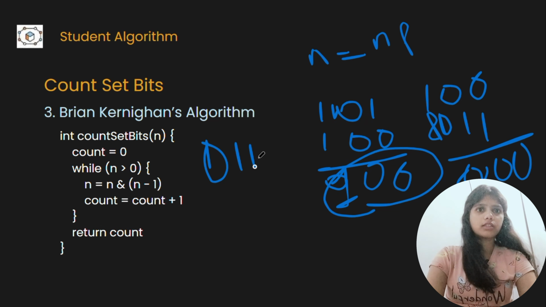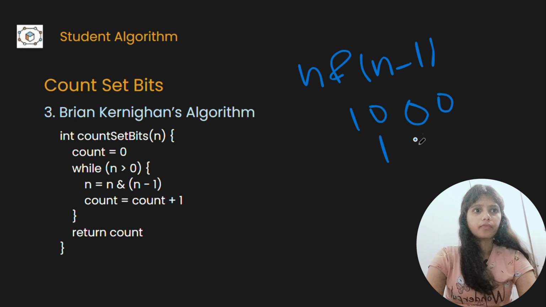If you want to understand this, you need to understand this particular thing. If you have n and n minus 1, let's consider n equals 8, and n minus 1 equals 7, so it gives you 0. That means whenever you perform this operation on a power of 2, it turns into 0.